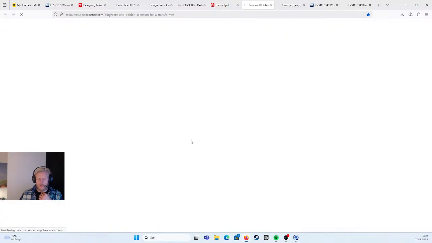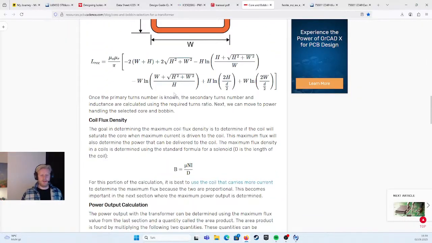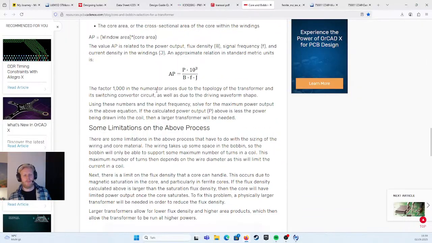Flyback transformers, coil inductance. What is the inductance?